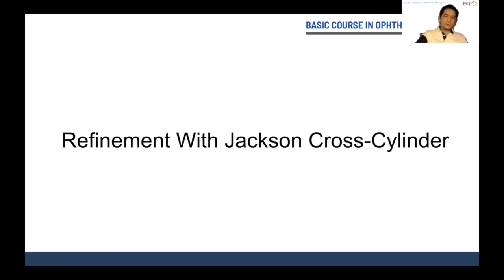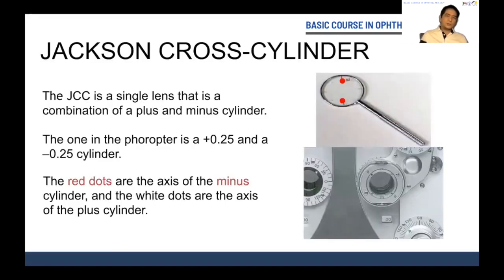performing Jackson cross cylinder. So what is a Jackson cross cylinder? This is a unique lens actually. This is the only lens with a combination of a plus and a minus cylinder in one lens. The one in the phoropter is a plus 0.25 and a minus 0.25 cylinder.